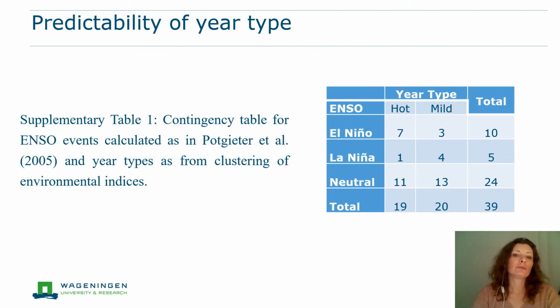Obviously, when we are doing this, a natural question is, yes, but to which extent can I know which year type will happen? Well, this is why we are doing long-term simulations, and Australian researchers are also trying to study the ENSO events, because the hot and mild years that we identified here that were highly conducive to G by E did not overlap 100% with the Niño and Niña events, but there was some degree of overlap.